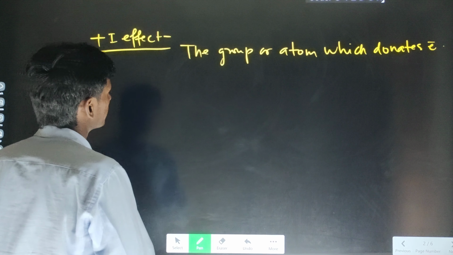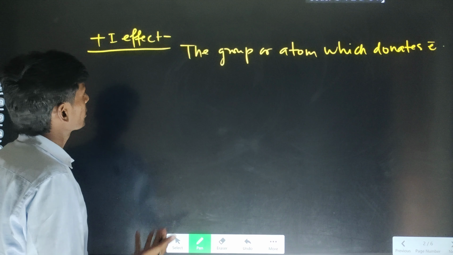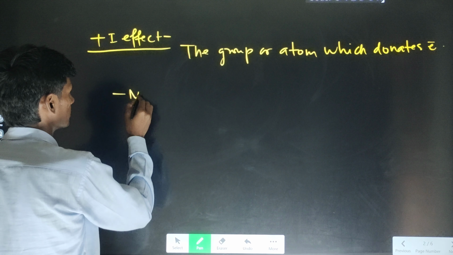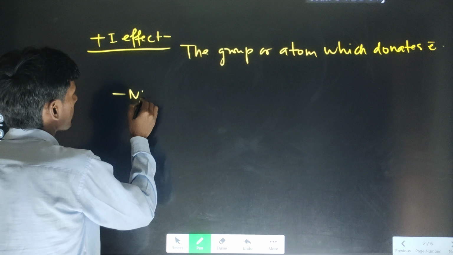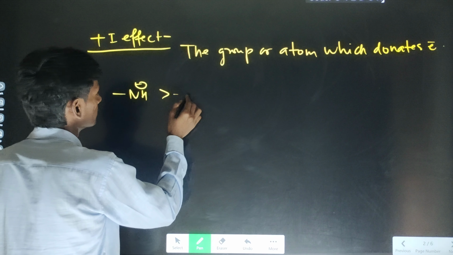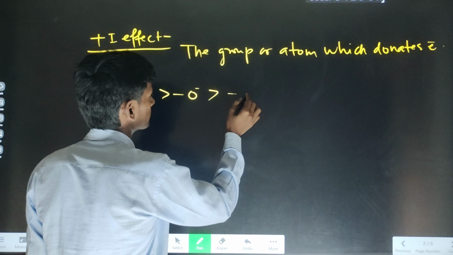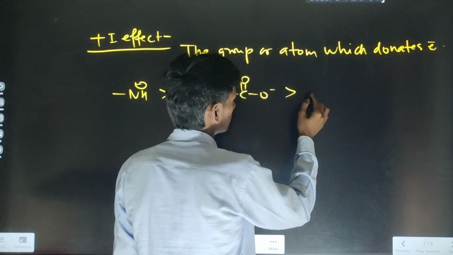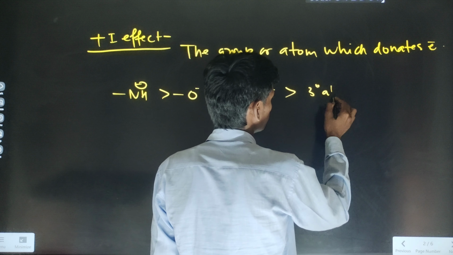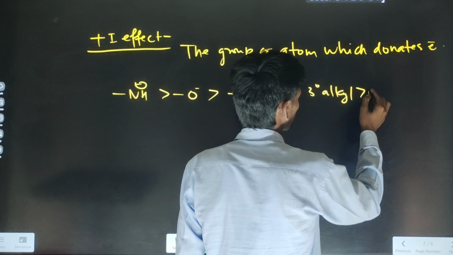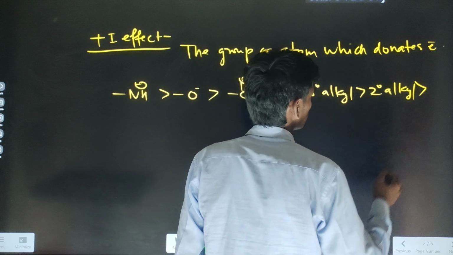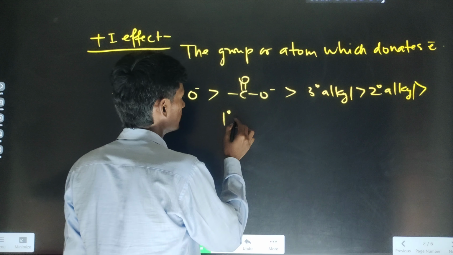For example, if we talk about plus I power, then we can say the order is NH minus, O minus, COO minus, 3 degree alkyl group, 2 degree alkyl group, and after that 1 degree alkyl group.